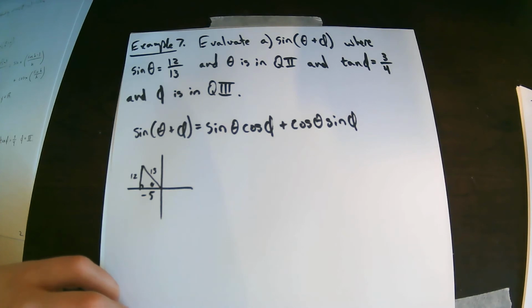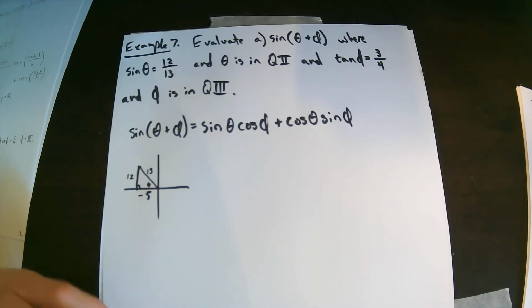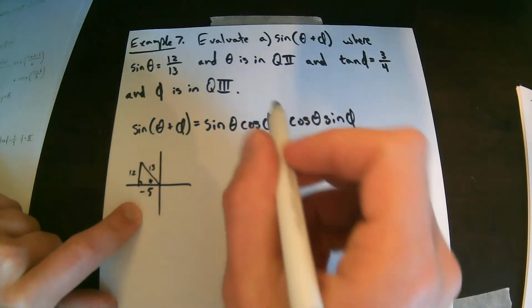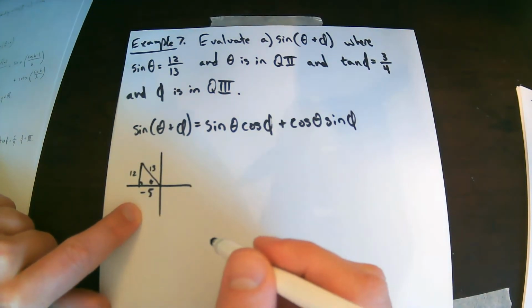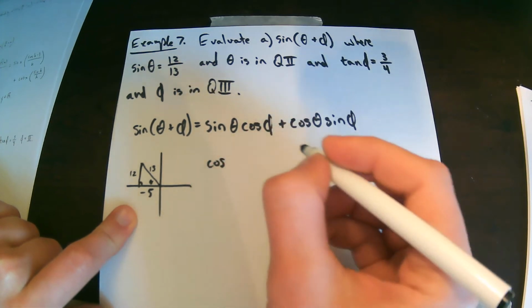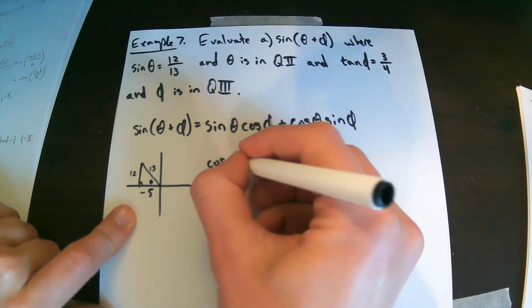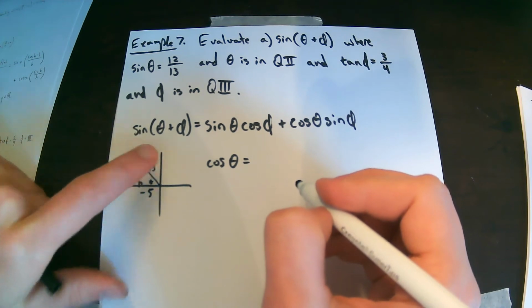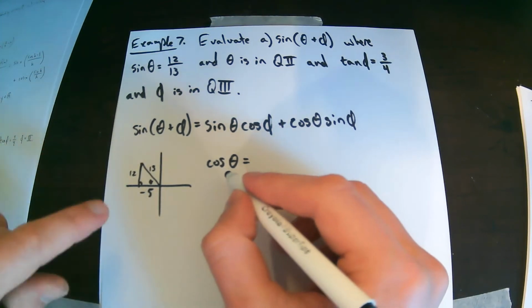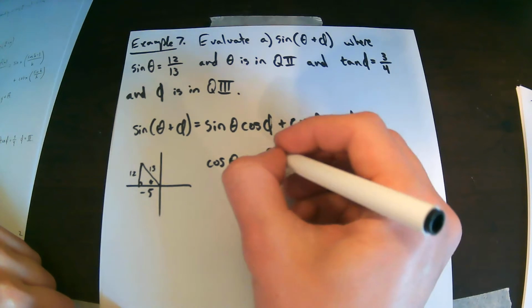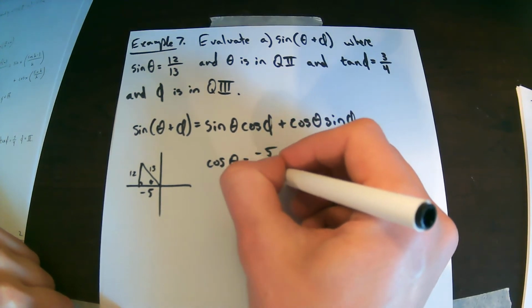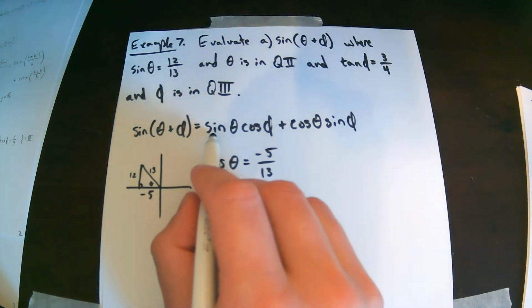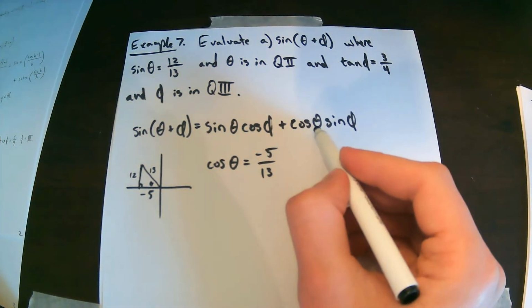You can work the Pythagorean theorem and make sure that it is 5, and it's negative because theta is in quadrant 2. So what did I need from this? I needed cosine of theta. Cosine of theta is adjacent over hypotenuse, so I'm getting negative 5 over 13. And that's all I needed from theta, because I've already got sine theta, and now I've got cosine theta.